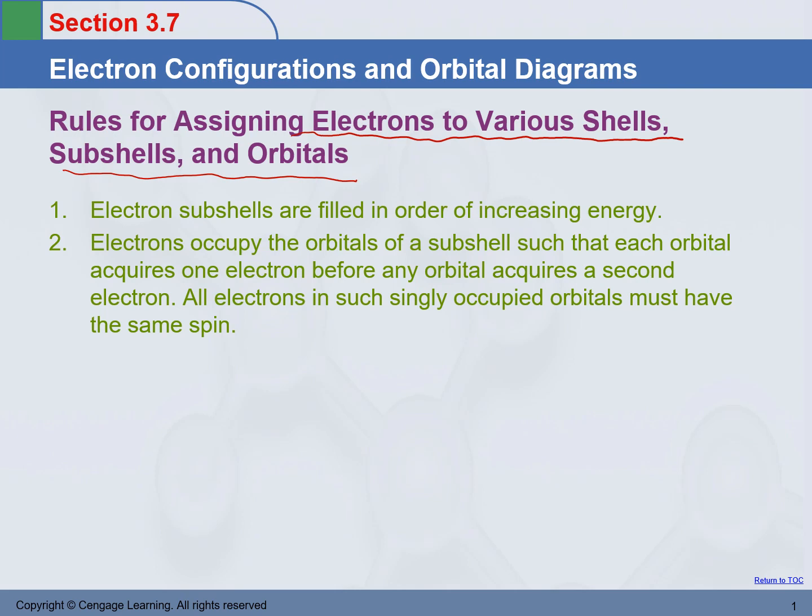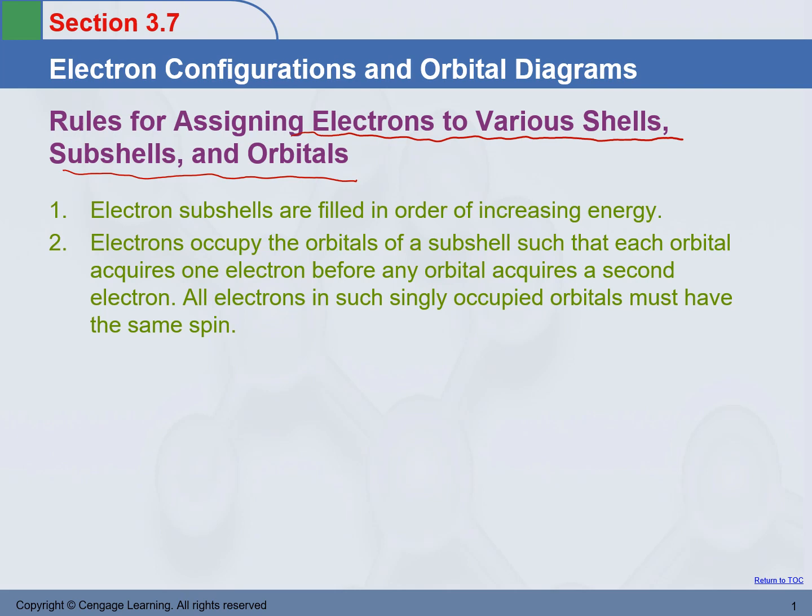Electrons occupy the orbitals of a subshell such that each orbital acquires one electron before any orbital acquires a second one. Electrons in such singly occupied orbitals must have the same spin. If by reading through this you understand what it means, that's good. If not, let's talk a little bit more about this.